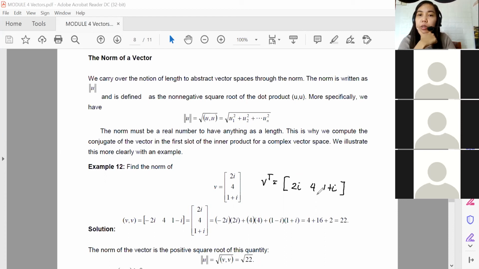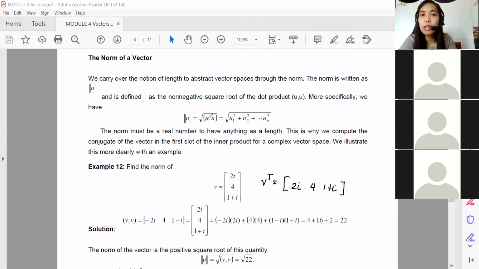And then get the conjugate. The conjugate of 2i, negative 2i. The conjugate of 4, 4. The conjugate of 1 plus i is 1 minus i. So multiply it by itself, 2i, 4, and 1 plus i.